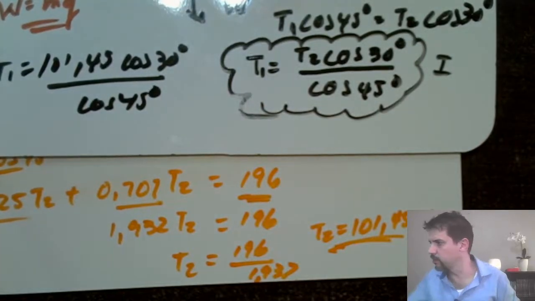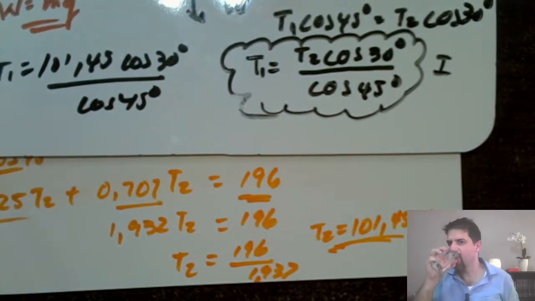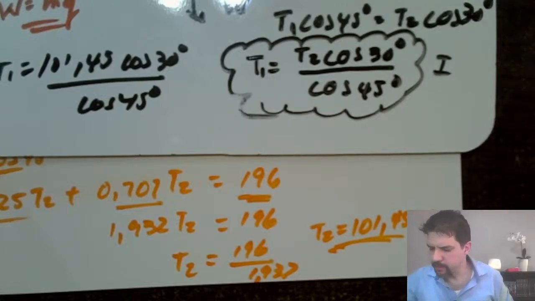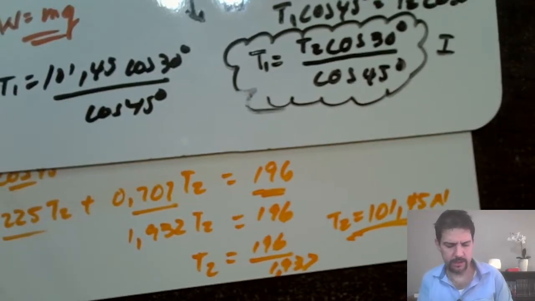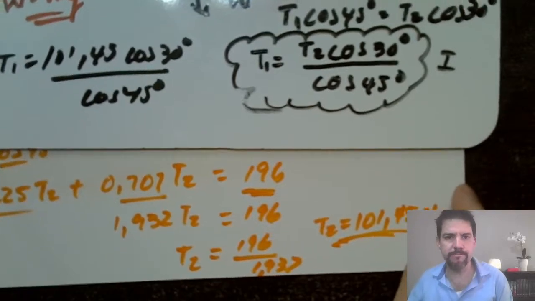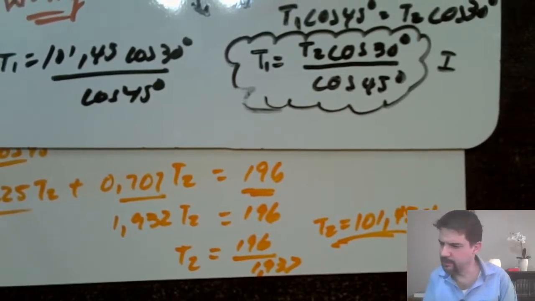You substitute in the calculator. We have 101.45 cos 30 divided by cos 45.